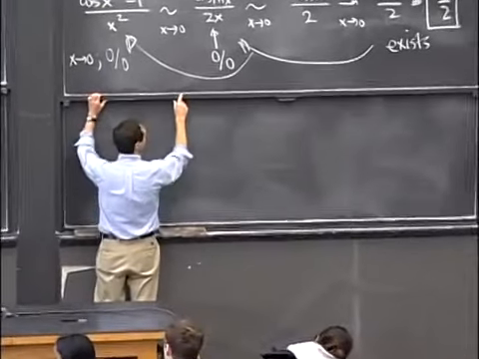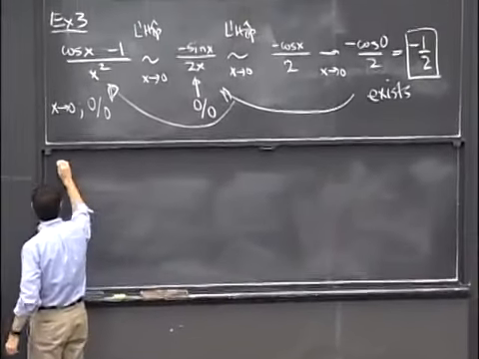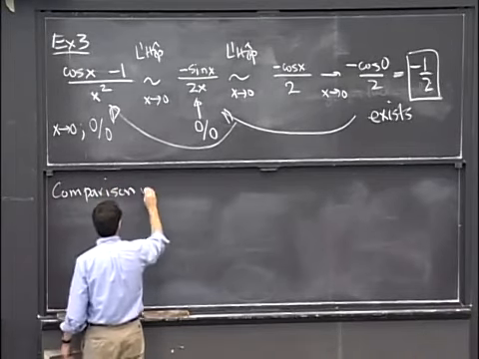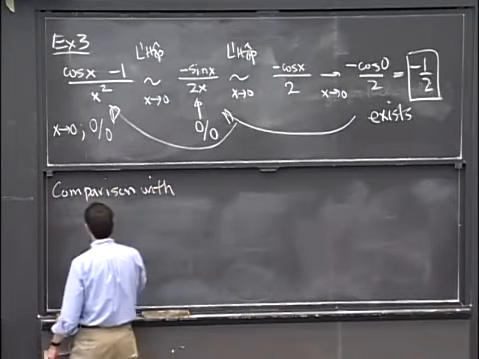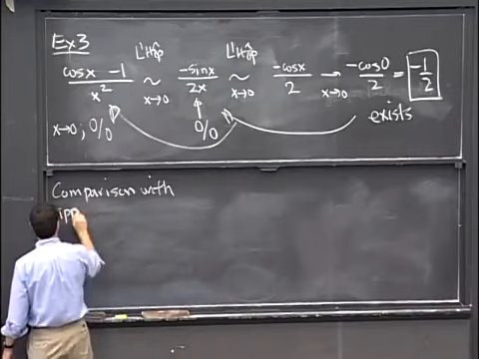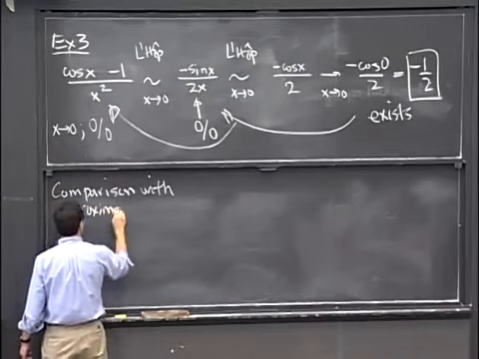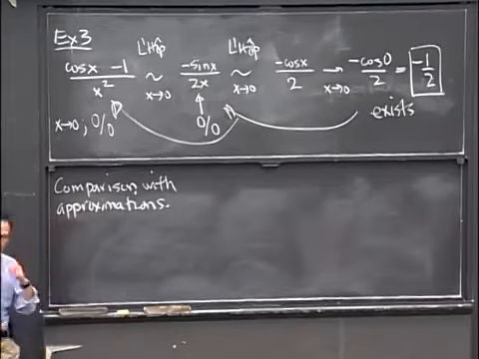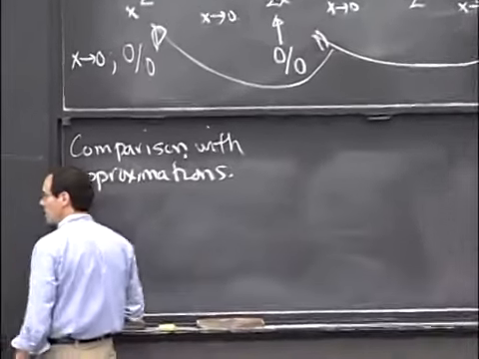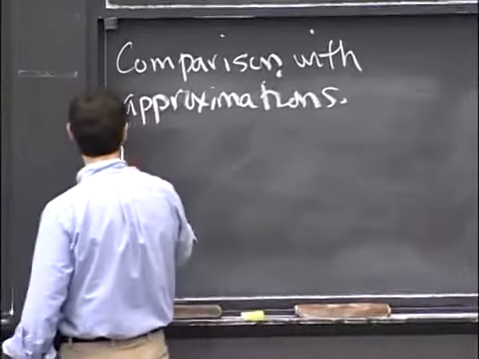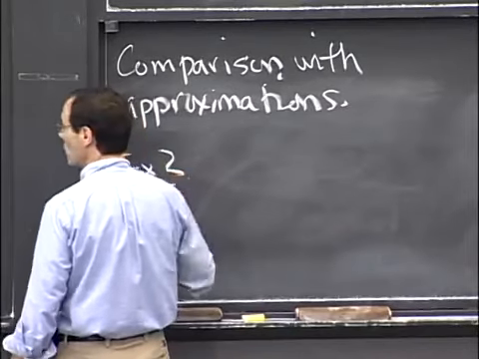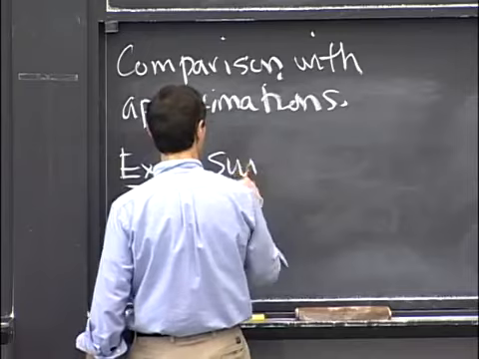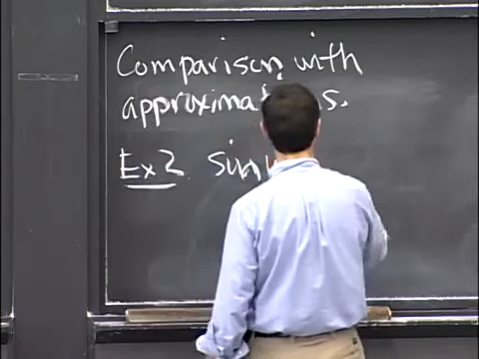All right, so here's a calculation which we just did, and we evaluated this. Now I want to make a comparison with the method of approximation. In the method of approximations, this example 2, the example with the sine function, we would use sine u as approximately u.